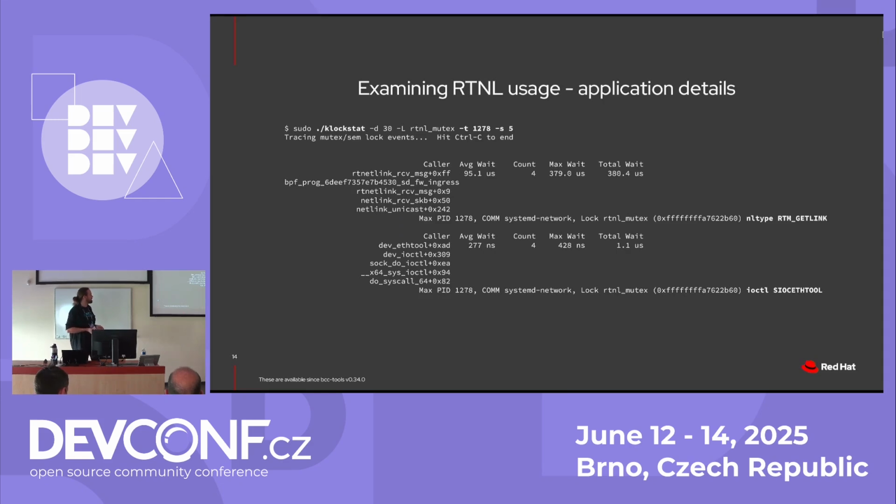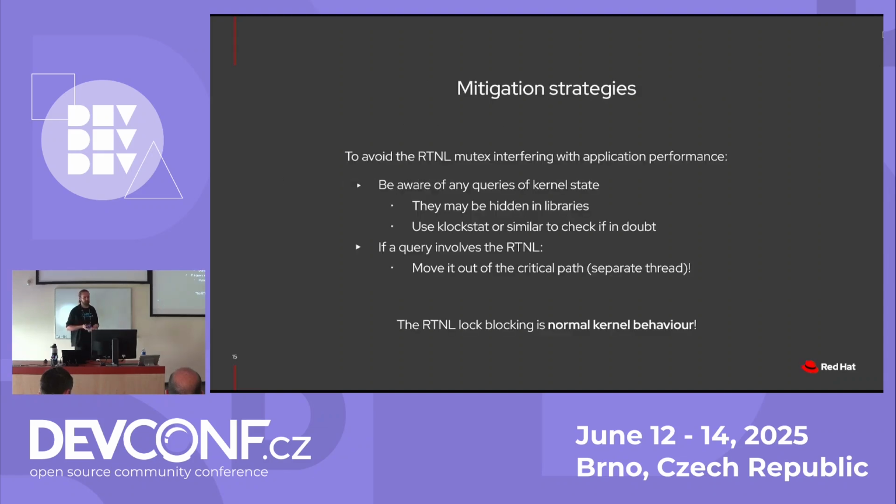This is available since BCC tools 0.34, which was released a few months ago, which is why this is compiled from source. That's why the command line is different here. So with this, you can go and poke into what is actually holding this lock if you run into a stall based on this lock, like we did.